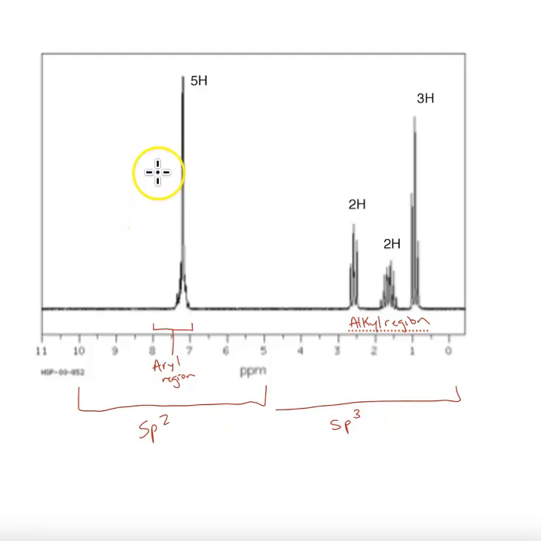The integration is these numbers up at top, the area under the signal, and it tells us how many protons are in that environment. Here we have 5 hydrogens, and this is our aryl region between 7 and 8.